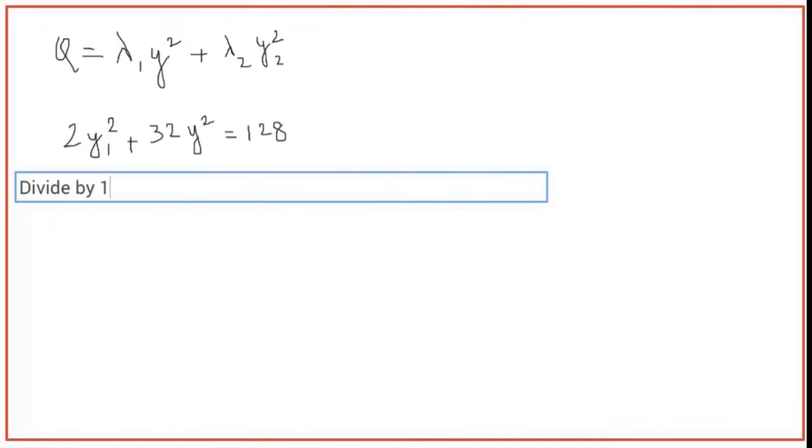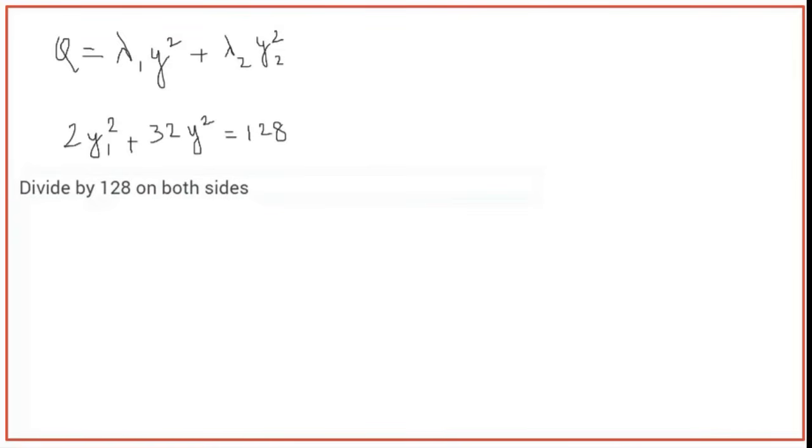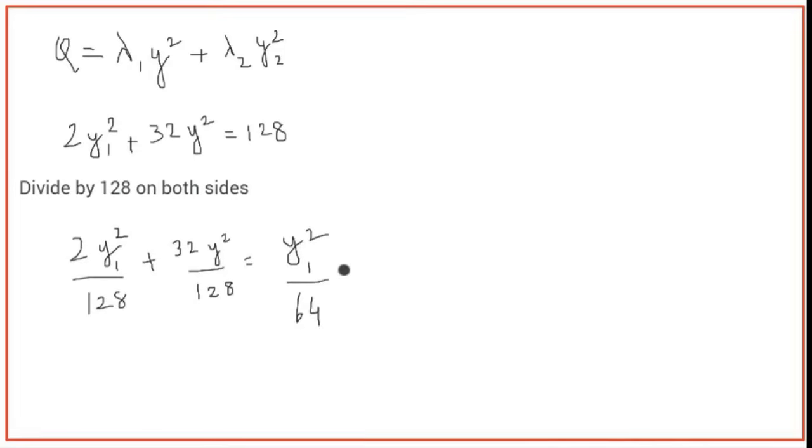So now let's divide 128 on both sides. So this will give us 2 y1 square by 128 plus 32 y2 square by 128. This is equal to y1 square by 64, that is 2 by 128 will give us 1 by 64, and then plus y2 square by 4, which is 32 by 128, that will give us 1 by 4, which is equal to 128 by 128, that is 1.